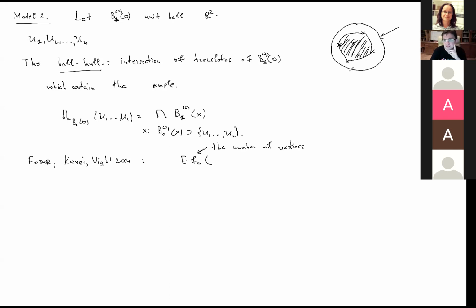And of course, in two-dimensional space, this is the same as the number of edges, right? So of this ball hull, F_0 of this sample converges, as n goes to infinity, again to a finite constant, which they calculated, and it turns out that this constant is π squared over 2. Pi squared over 2.